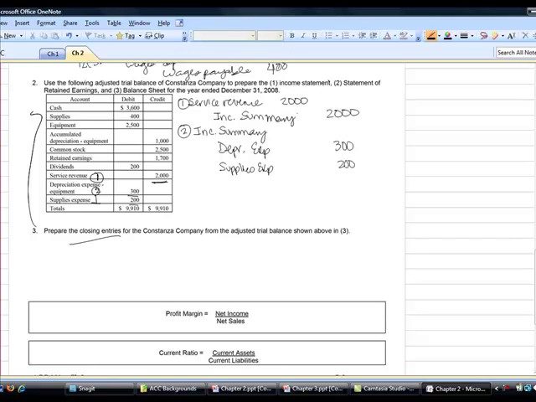So income summary is going to be debited for the total. 300 and 200 is 500. That means we have equal debits to equal credits. That's our second journal entry.